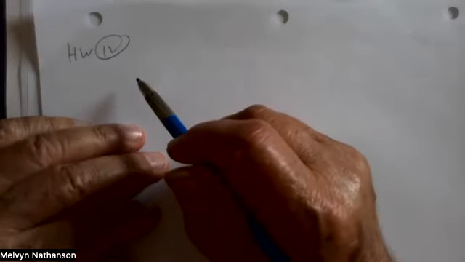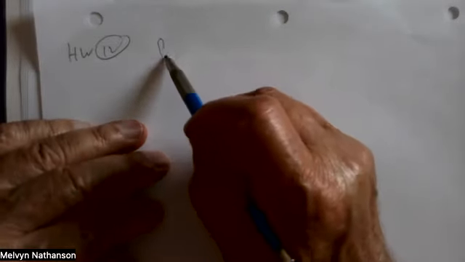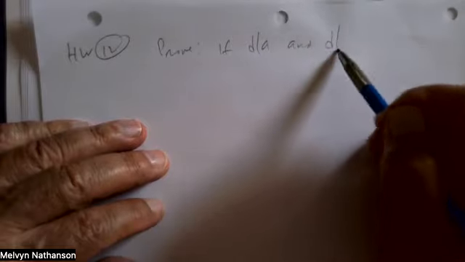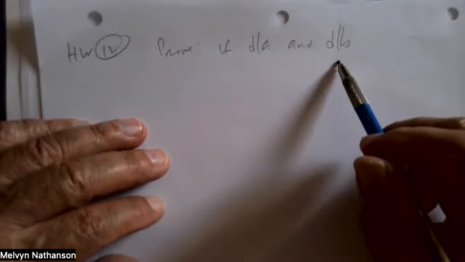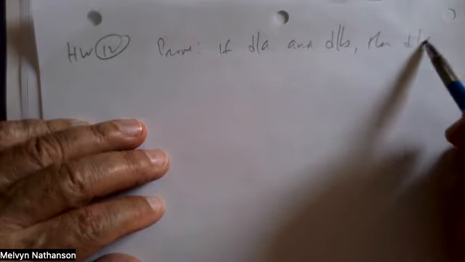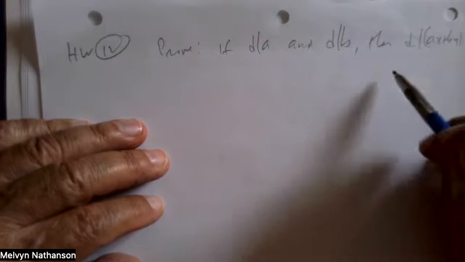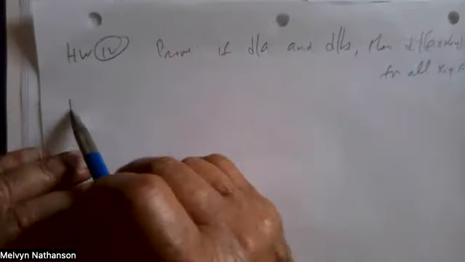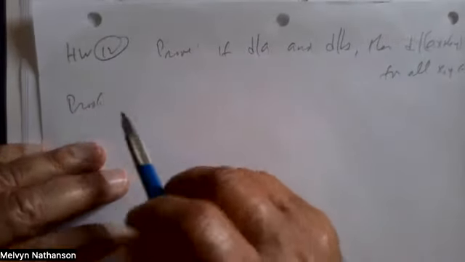So homework 12 was prove that if D divides A and D divides B, right? This vertical line means divides. Then D divides the integer AX plus BY for all integers X and Y. So one proof can go as follows.